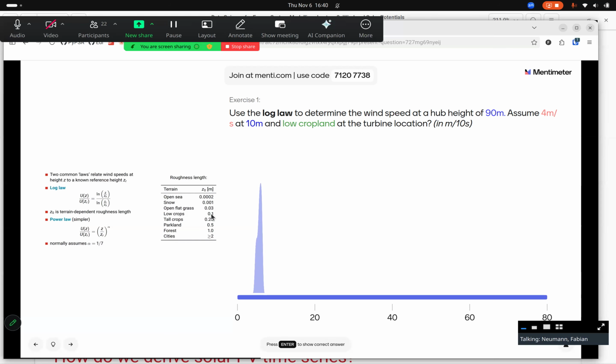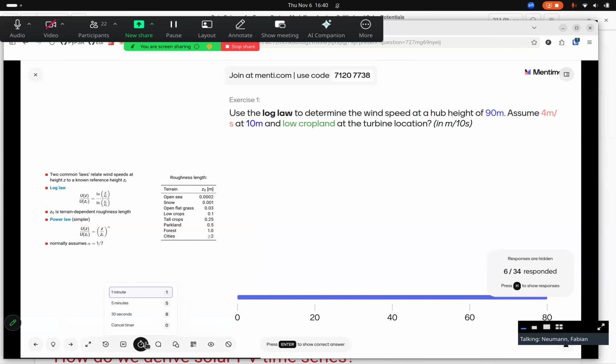Then you form the other expression: you take the logarithm and put 90 meters here, 0.1, and 10 meters over 0.1. And here you have the 4 meters per second. I want to hide the responses, and I'll give you maybe 2 minutes or so to calculate that. Or let's see if 1 minute is sufficient.